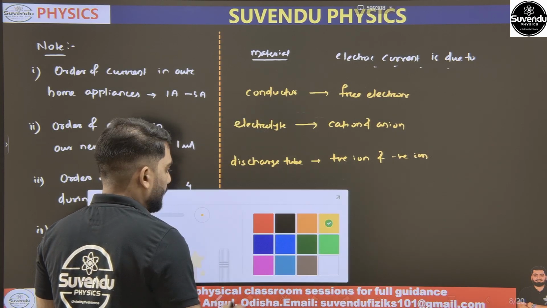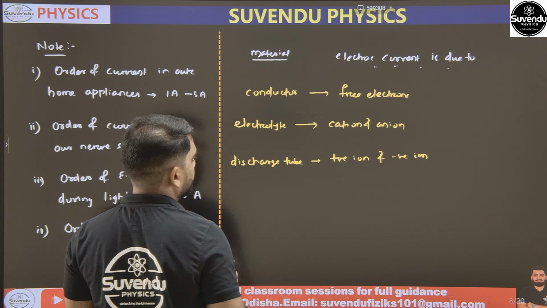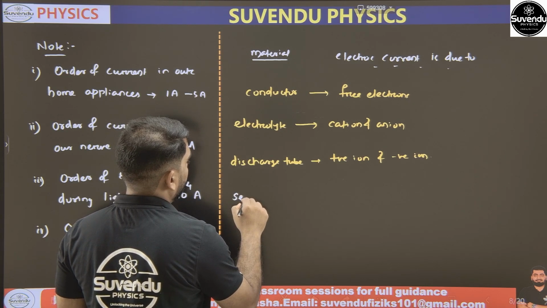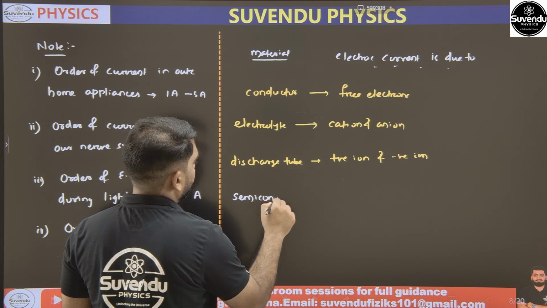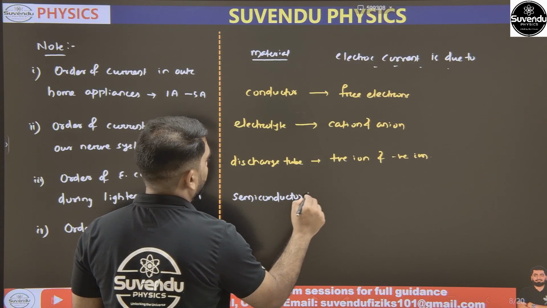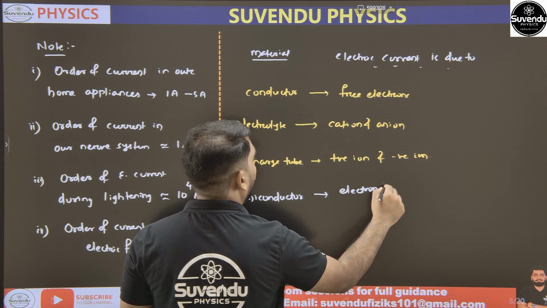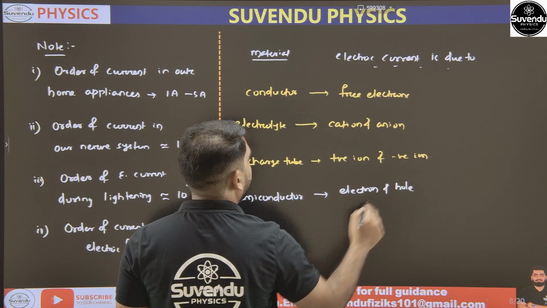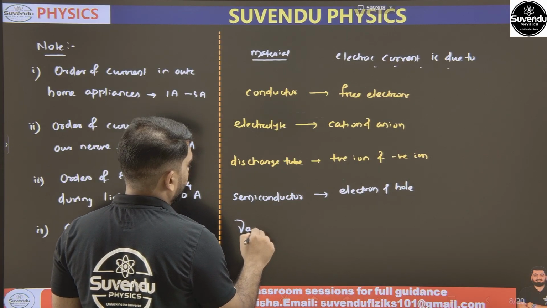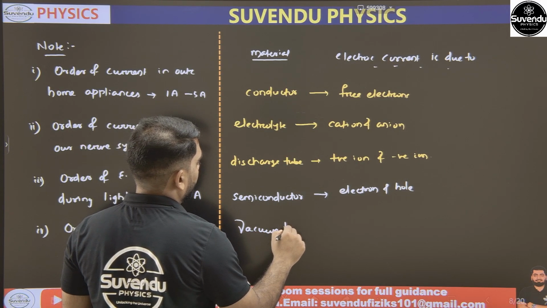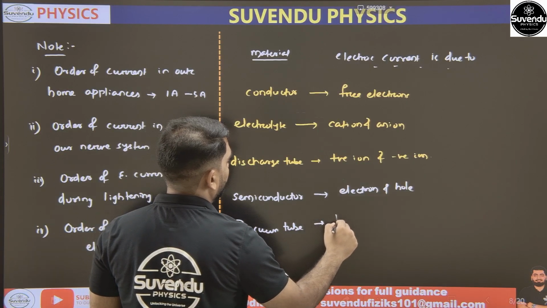Ready? In case of semiconductor, current is due to electrons, and in case of vacuum tube, current is due to fermions.